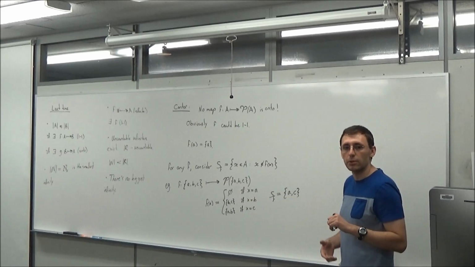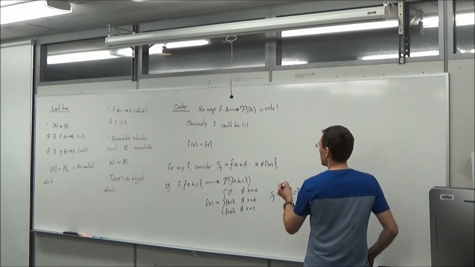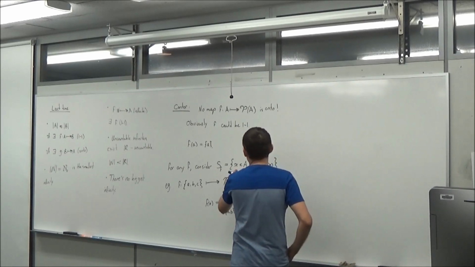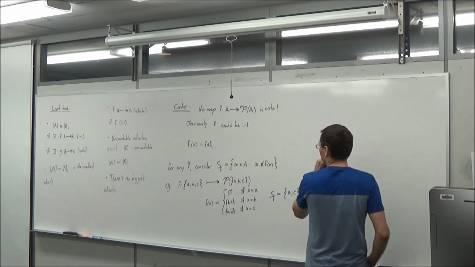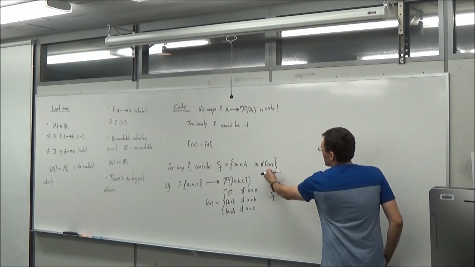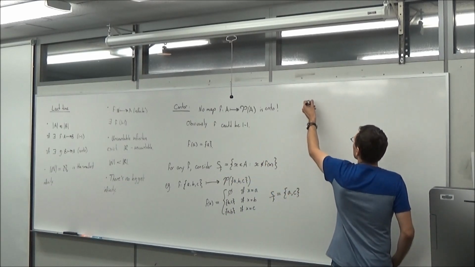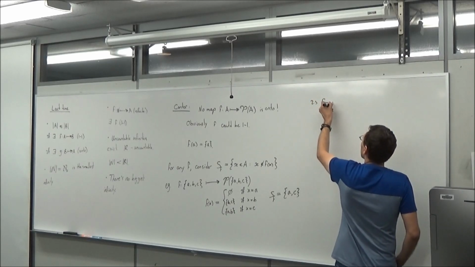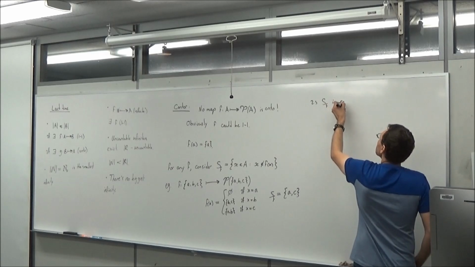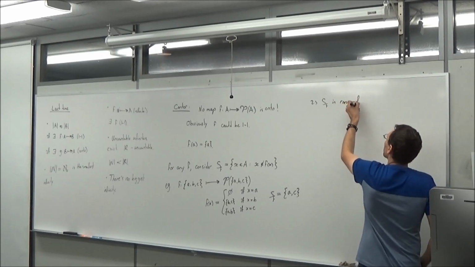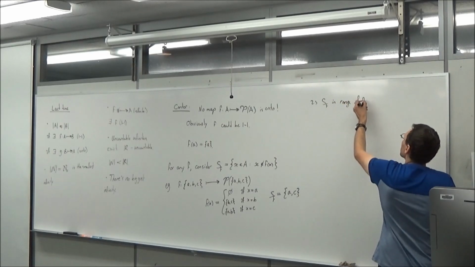I can never produce it by any element. So if I consider S sub f equal to this thing, then I can ask, is S sub f in the range of f?